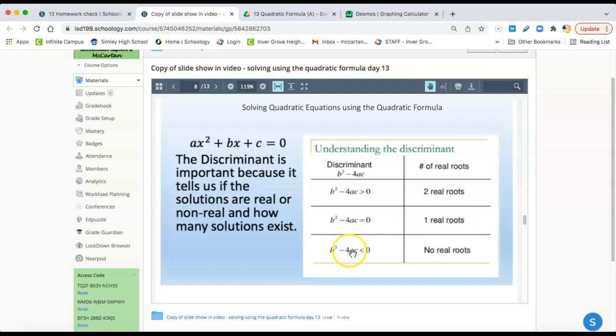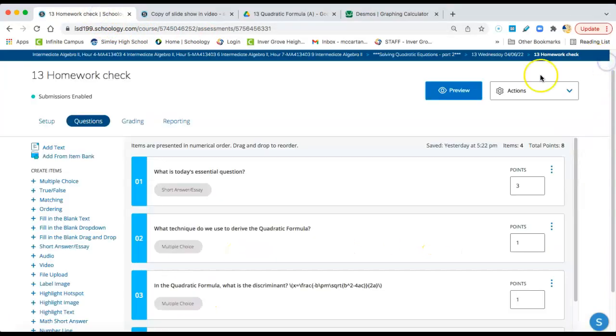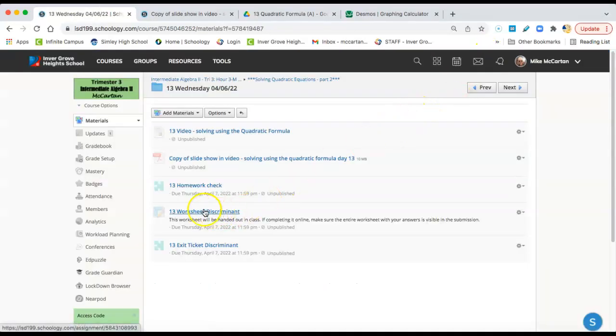And if the discriminant is less than 0, it has no real roots, it has 2 imaginary solutions, or 2 complex solutions, we call that. All right, take that as the answer. Please submit it. Guys, we're going to look at the worksheet now.